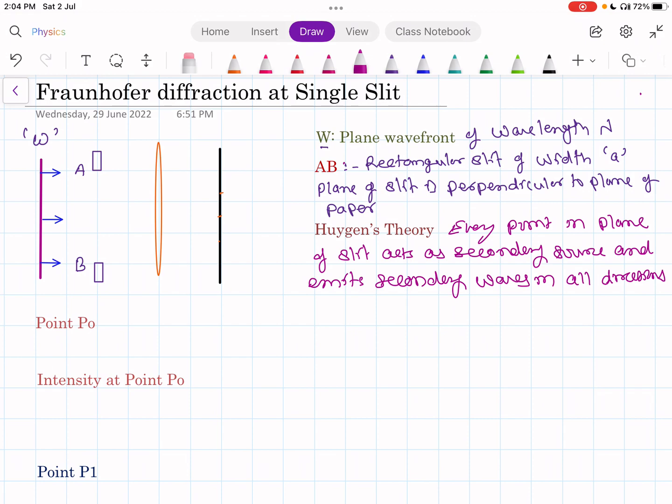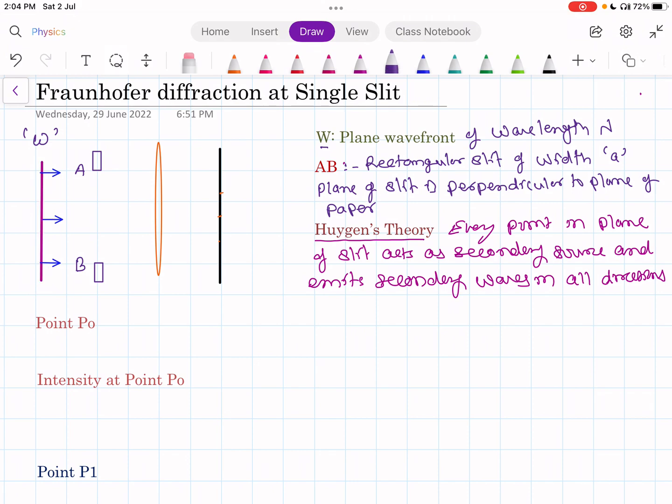That is as per Huygens theory of the light. When this wavefront W is incident on this slit, then every point in this plane of the slit acts as a secondary source and it emits secondary waves in all directions. That is as per Huygens theory.